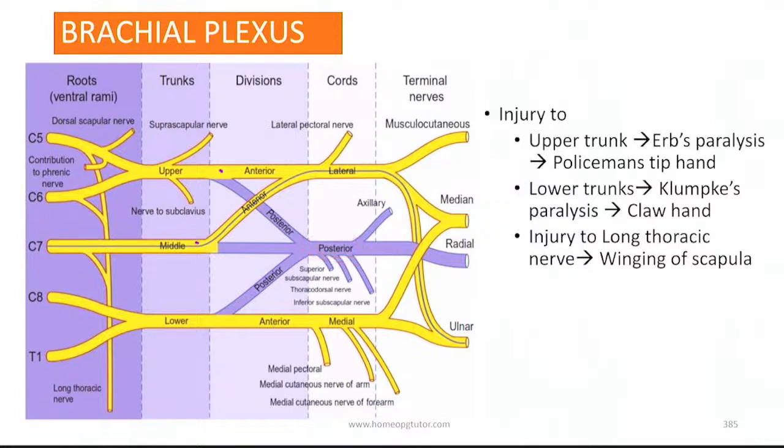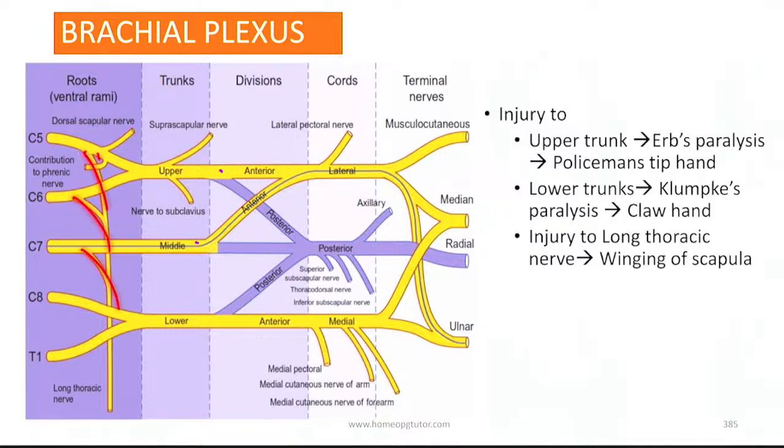Now we need to remember the nerves associated with each portion. The roots also give out branches, like the dorsal scapular nerve from C5. Also we have the long thoracic nerve, which originates from C5, C6, C7.